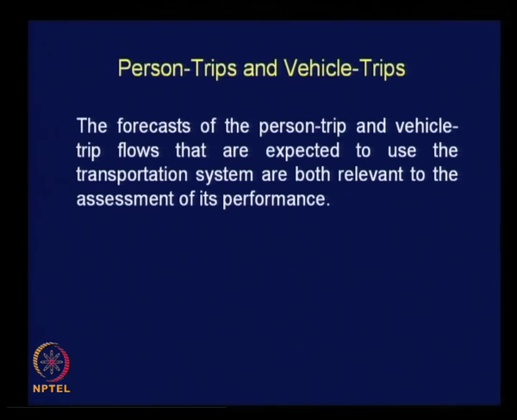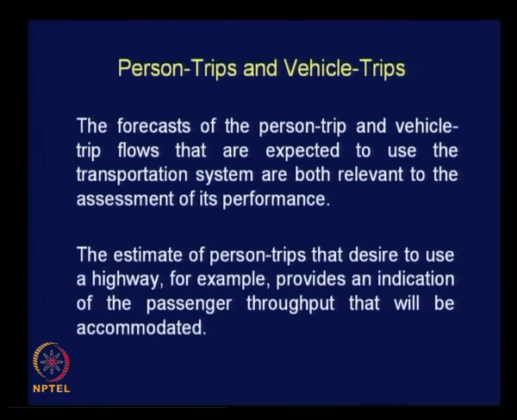The forecast of the person trip and vehicle trip flows that are expected to use the transportation system are both relevant to the assessment of its performance. If we talk about the system in general, we need to have information both about person trips as well as vehicle trips.